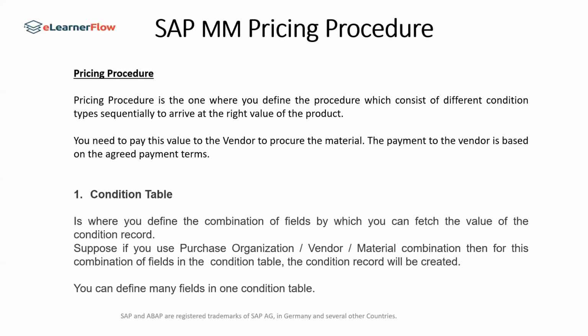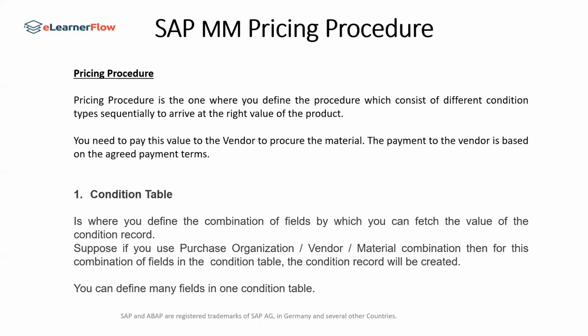The first is a condition table. So condition table is where you define the combination of fields by which you can fetch the condition record and its value. Suppose if you have purchase organization, vendor, material as a combination, then for this combination of fields in the condition table, the condition record will be created, and then you can fetch this condition record.